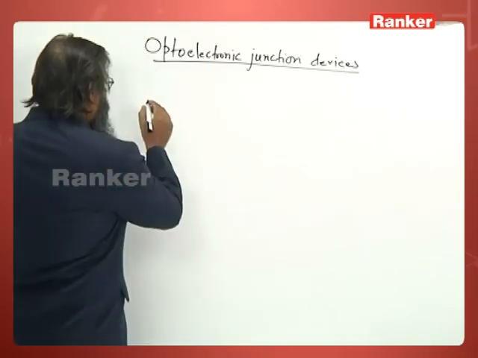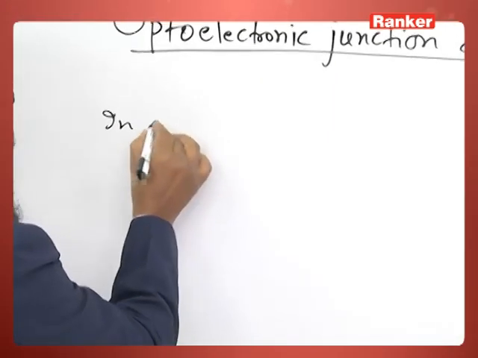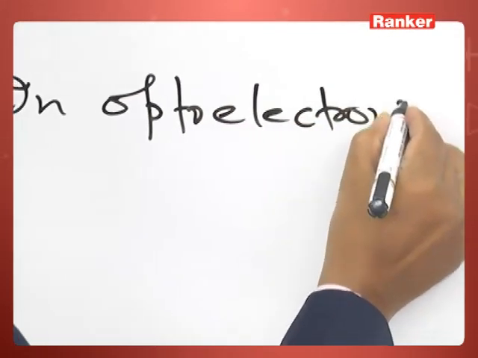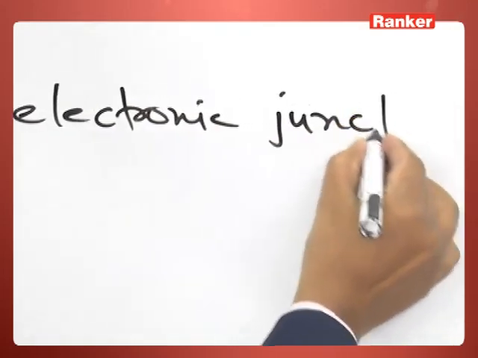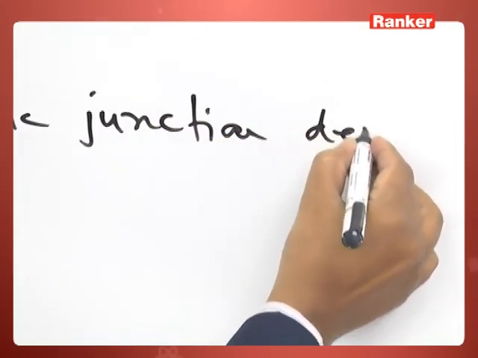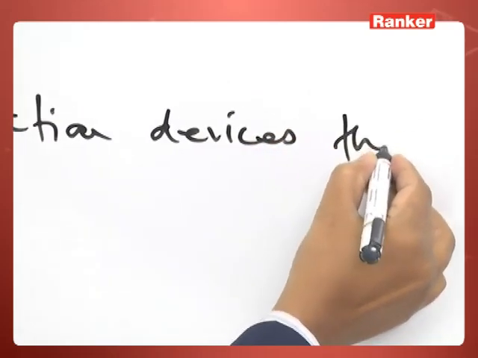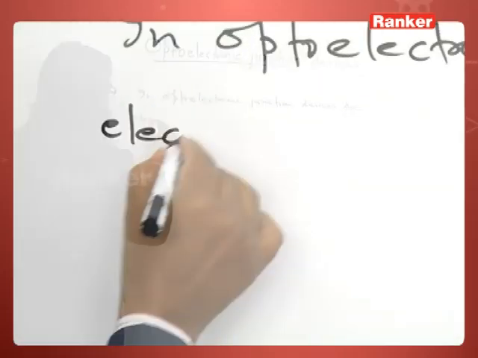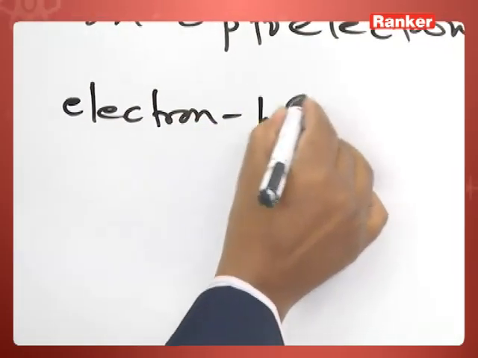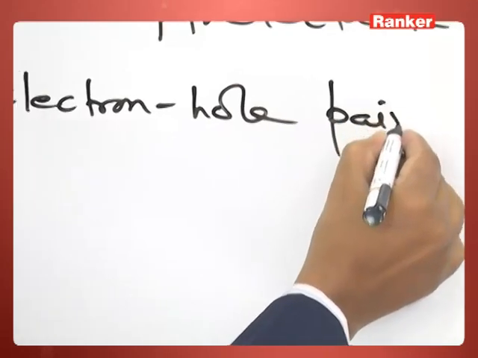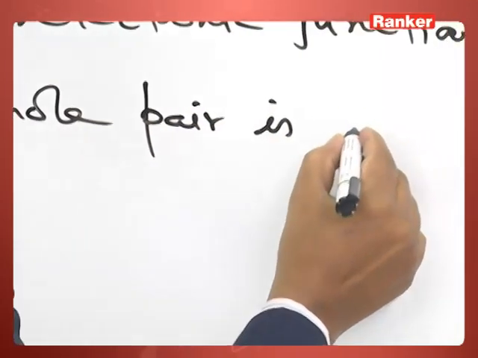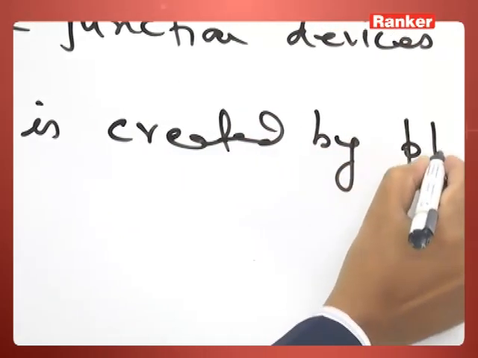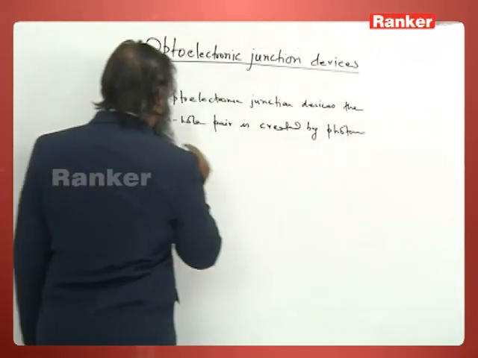So, in optoelectronic junction devices, the electron hole pair is created by photon absorption.